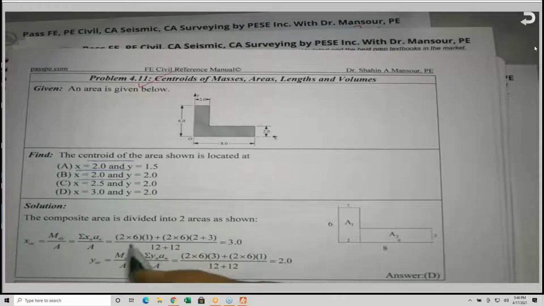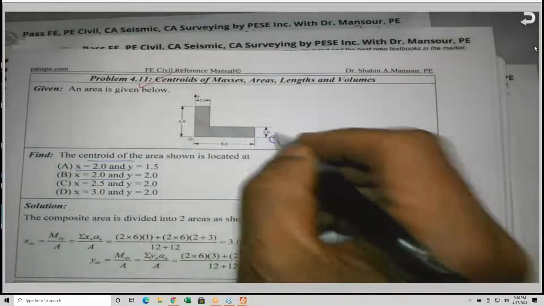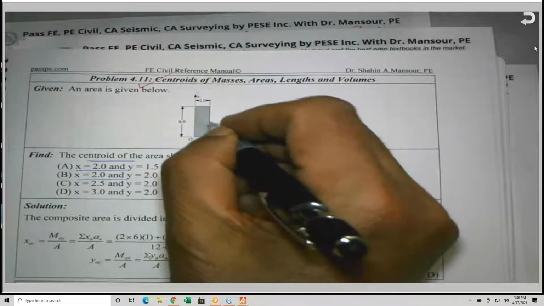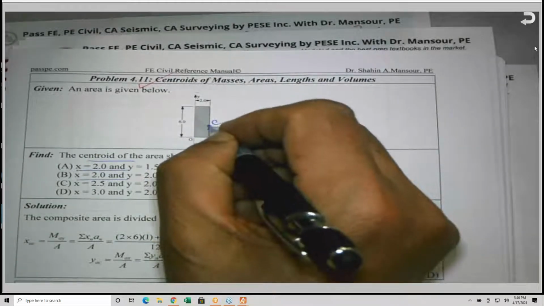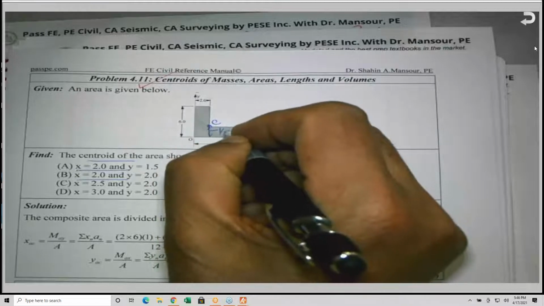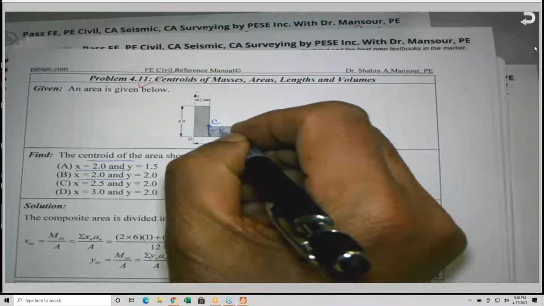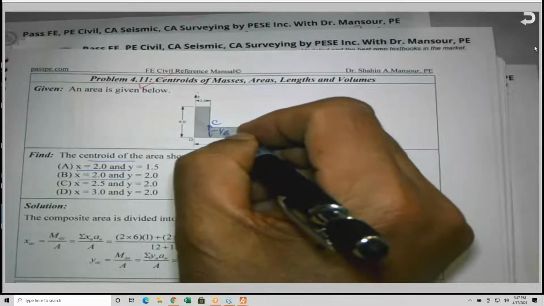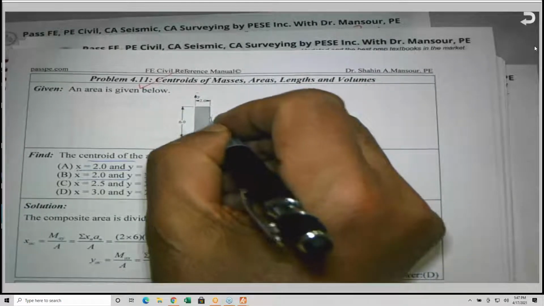In this case, he defined this as x and this as y. So the centroid is somewhere here, and this is the YAC, and this is the XAC.